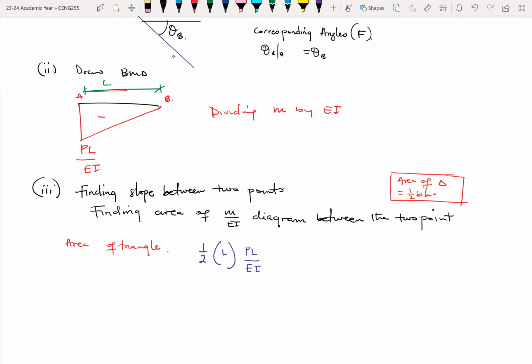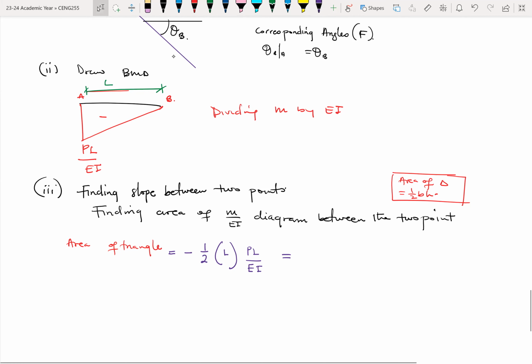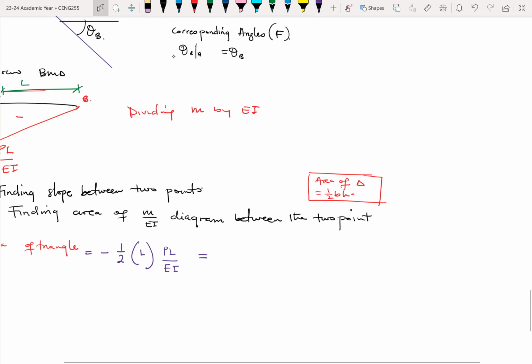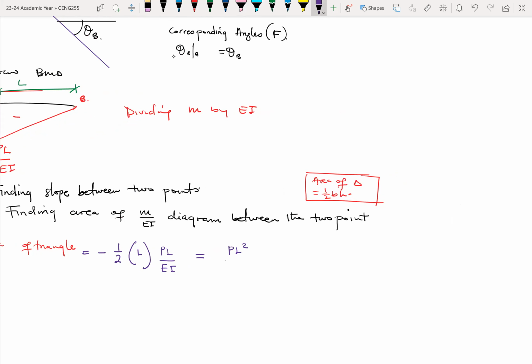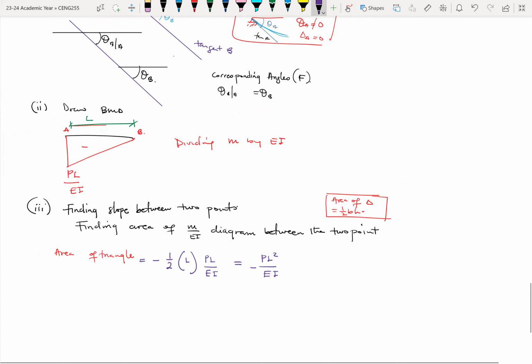And then let's take note, this is a negative height, so it's minus PL over EI. And when you solve it, this will give you minus PL squared over EI. So this answer here, minus PL squared over EI, will be the slope between B and A.